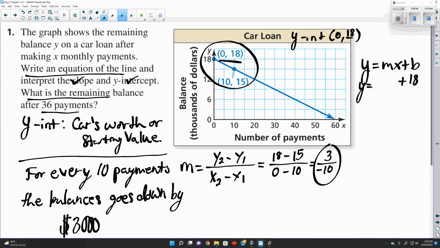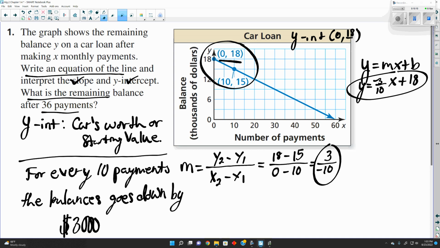Do we have the slope? Or -3 over 10 or -3/10. Okay? Do we have the equation of the line? Yeah, because if we have the y-intercept, we can plug that in and it makes it easier to work with. Now, if we hadn't noticed that, we could have still gotten to the same answer.